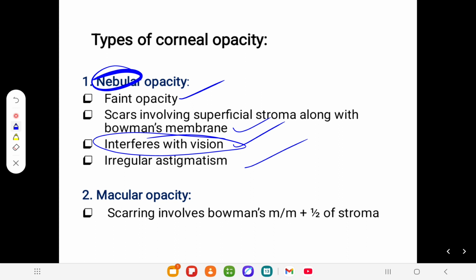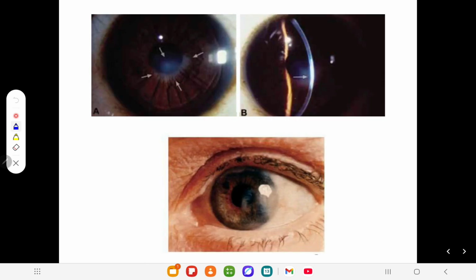So macular opacity: the word macula means a point, a dot, literally. The scarring involves Bowman's layer and up to about half of the stroma, but not that deep. Can you see? Clearly, this is nebular opacity.